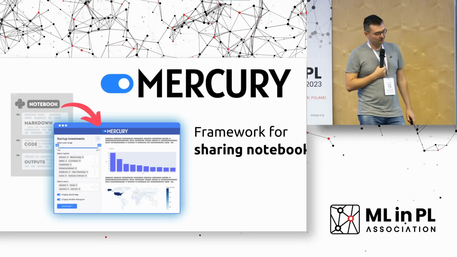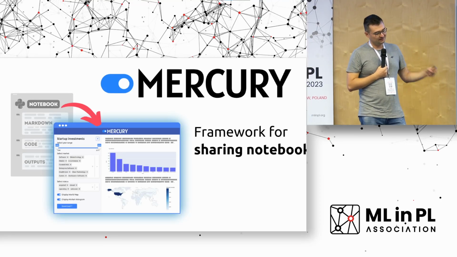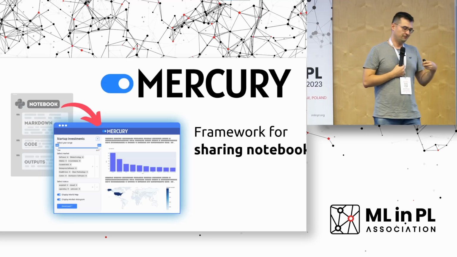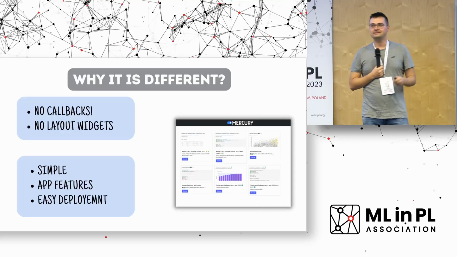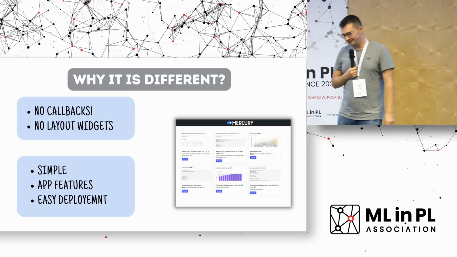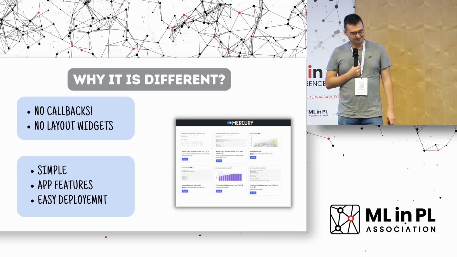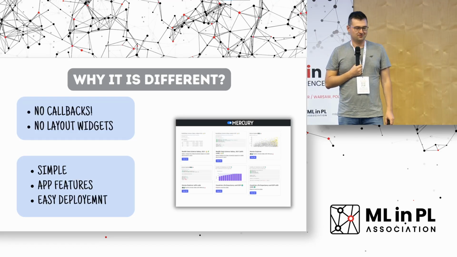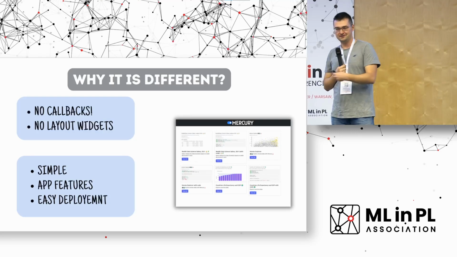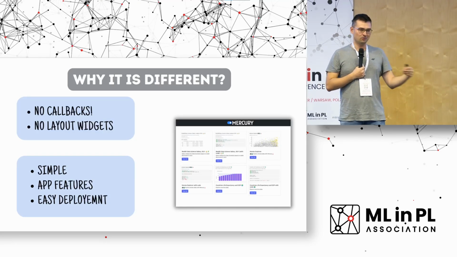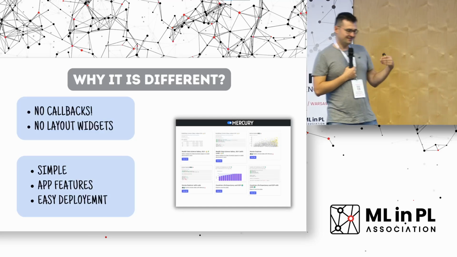We created the Mercury framework, which was created for sharing notebooks. The Mercury framework is very easy. It is a framework for creating user interfaces, and we don't have any callbacks. Can you imagine this?